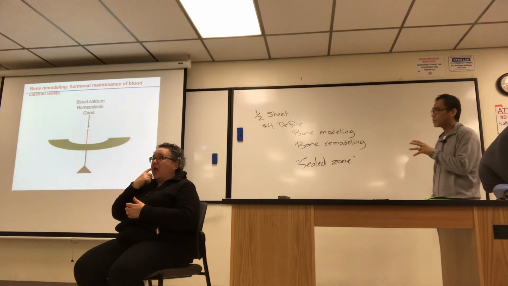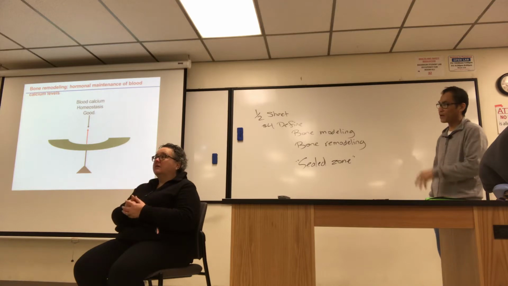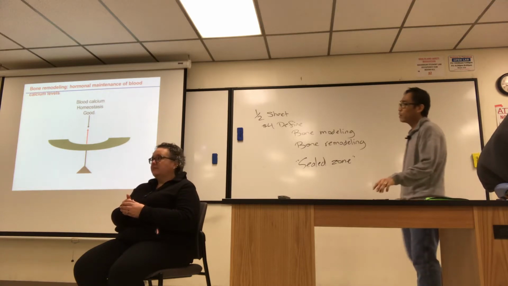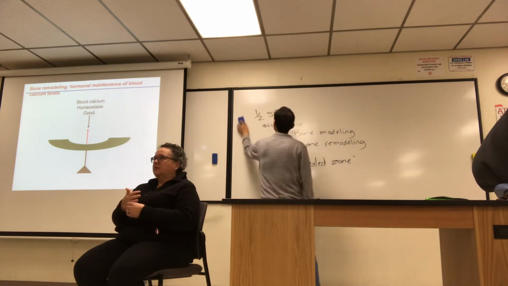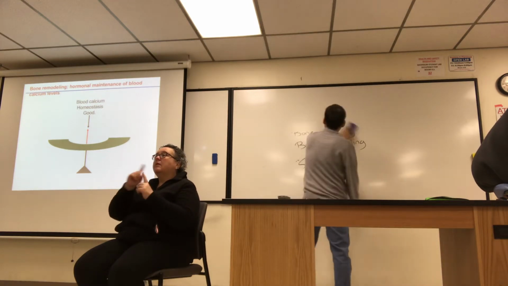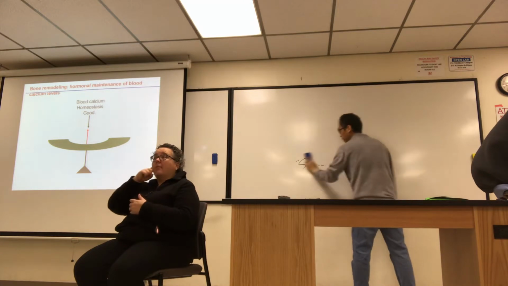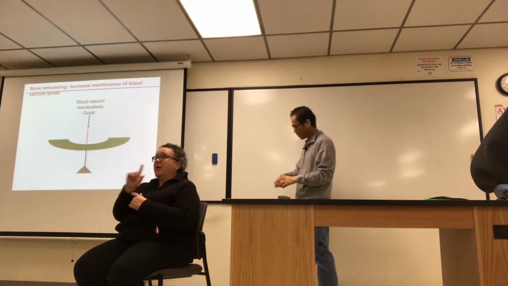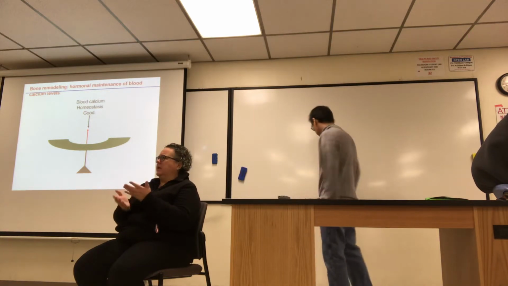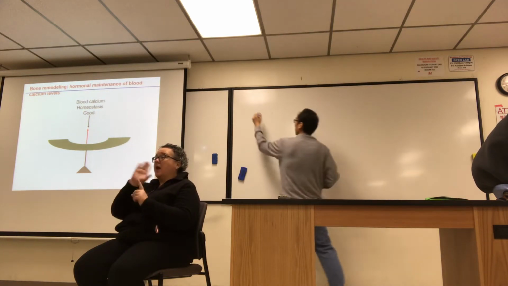So calcium homeostasis is very important when you have a lecture on bones. I want to talk about the hormonal maintenance of blood calcium levels, because your skeleton is a good calcium store, and you need calcium for muscle function. Blood calcium homeostasis.